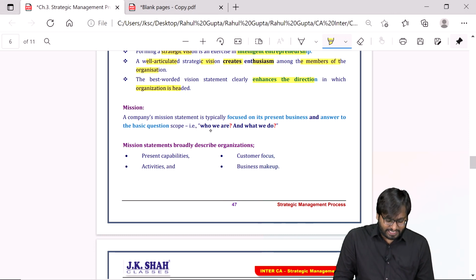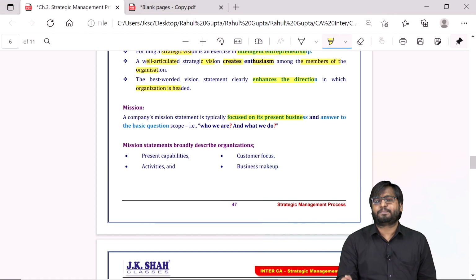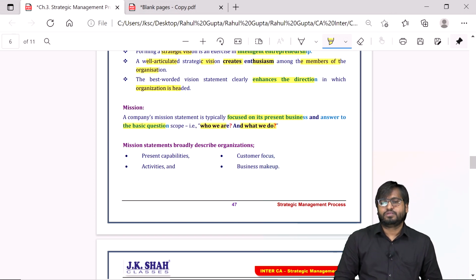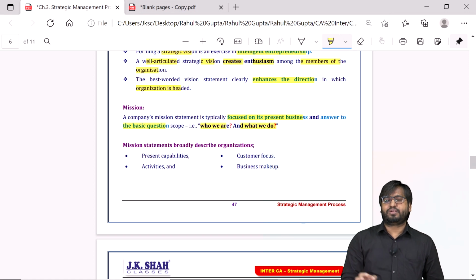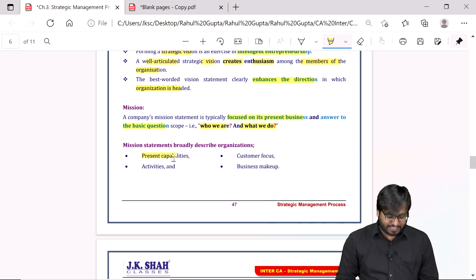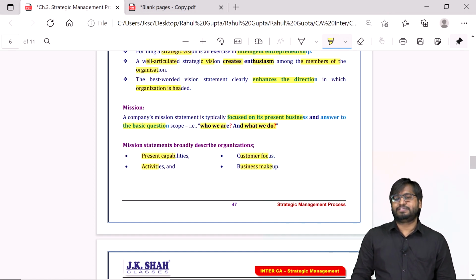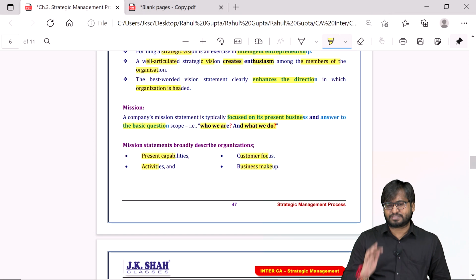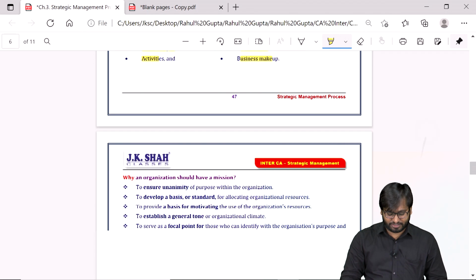A mission statement is typically focused on the present business and answers the basic question, who we are, what we do. A mission statement broadly describes the organization's present capabilities, customer focus, activities and business makeup. So all these come under the mission statement.